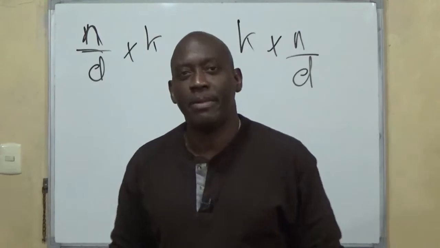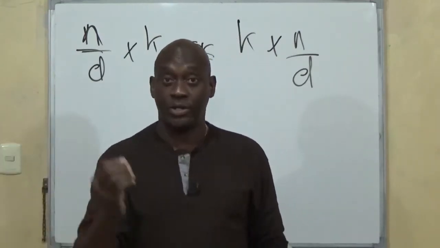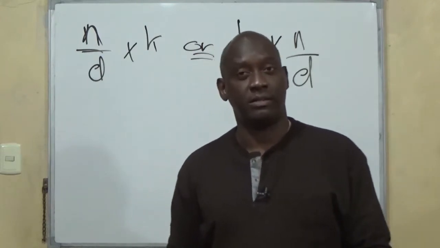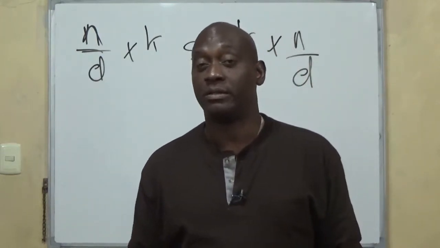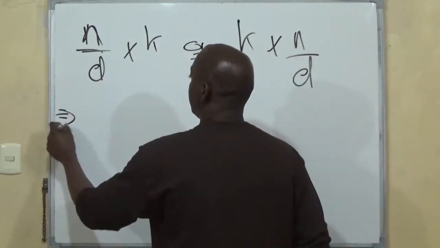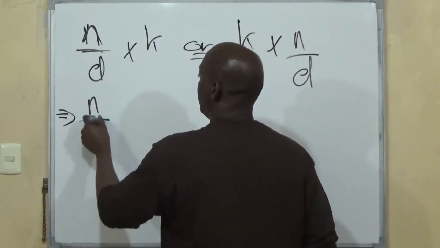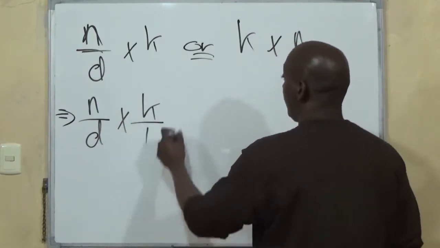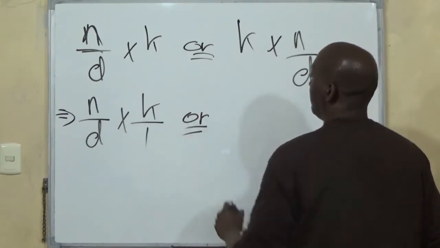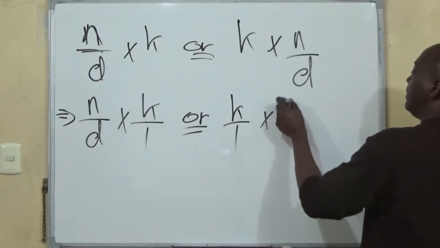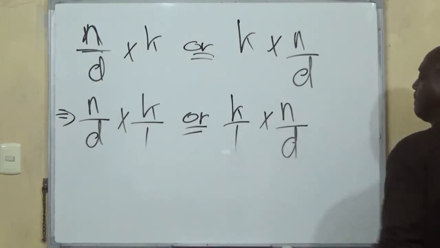But if you recall, any constant k can be written as a fraction k over 1, then it devolves to this. You now have n over d multiplied by k over 1, or if you had the k written first, you would have k over 1 multiplied by n over d.